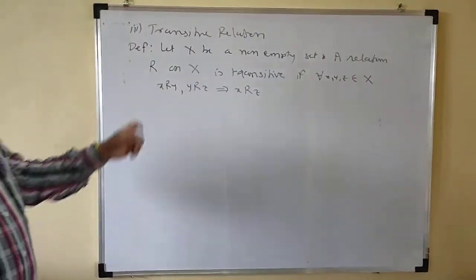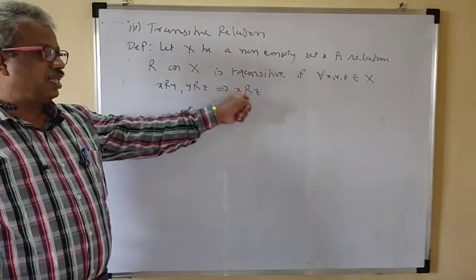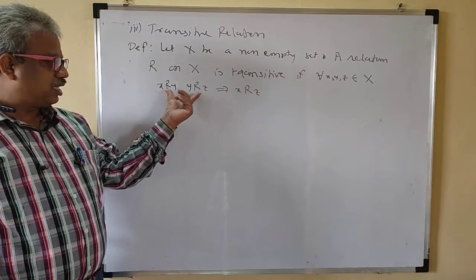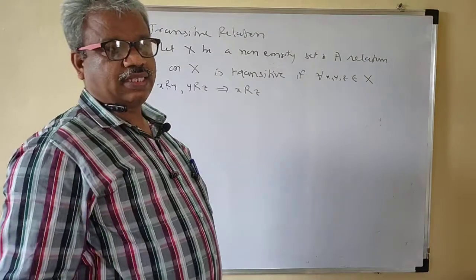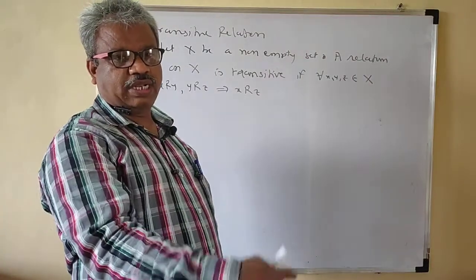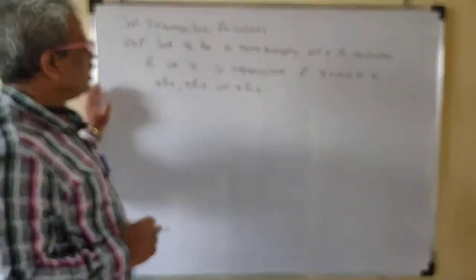So whenever x is related to y and y is related to z, then x is related to z. If such a thing holds, then that relation is called transitive.